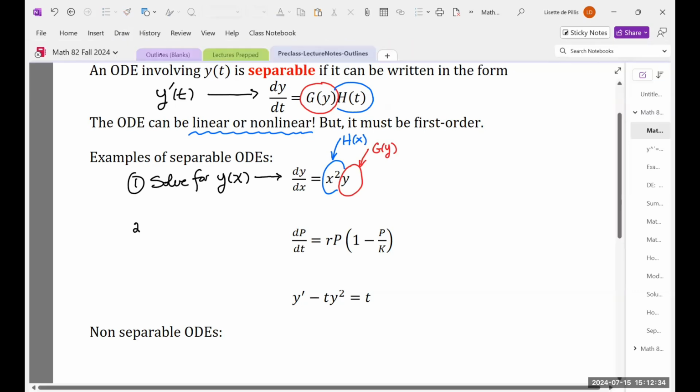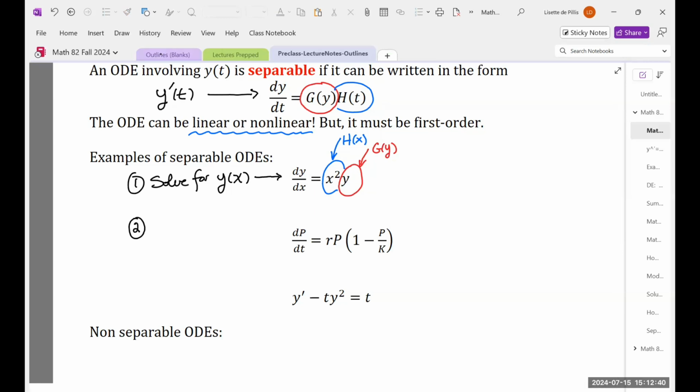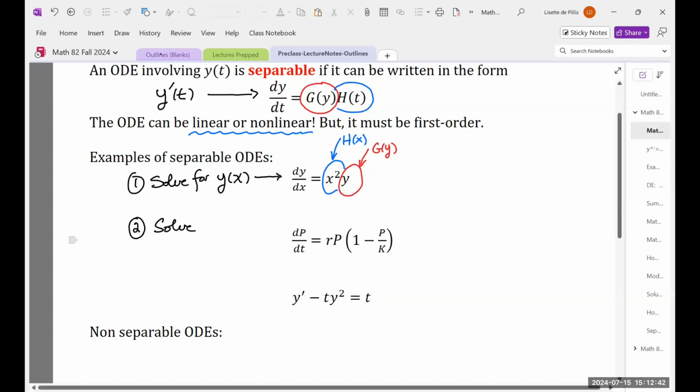This second example is actually one that can be separated in more than one way. Here we are solving for function p of t. And it turns out that there's not a unique way to separate this.